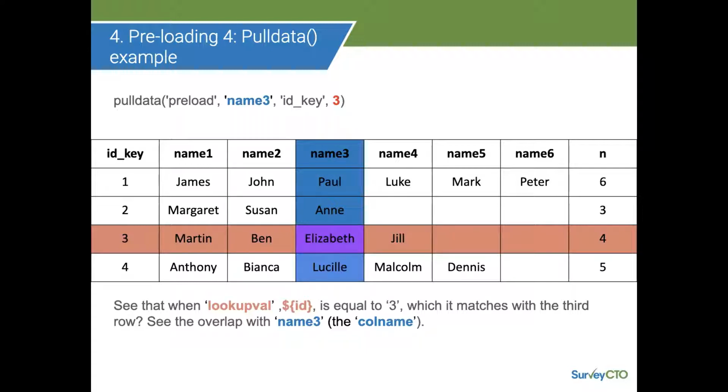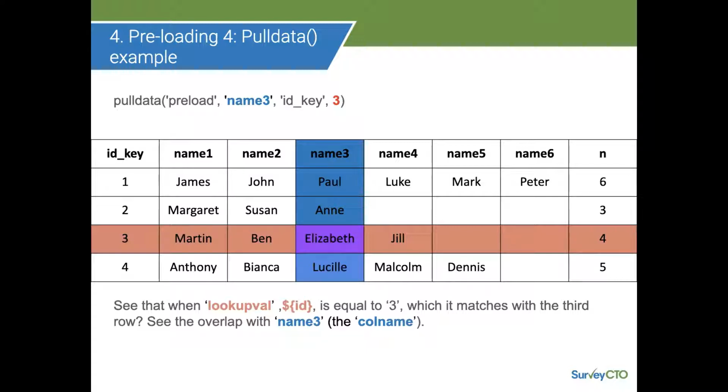Here is an example of preloading logic using this sample form. In this case, the value in the name3 column in the source, named preload, is being returned when the lookup value, which is 3 in this case, is equal to the value in ID key.